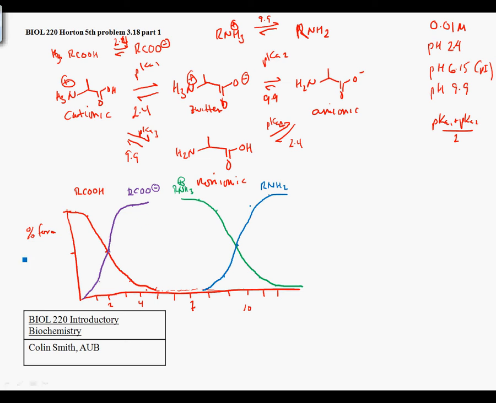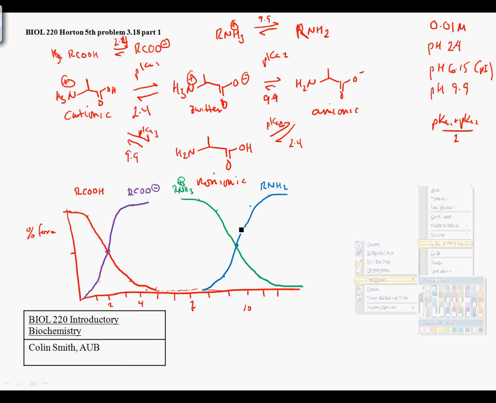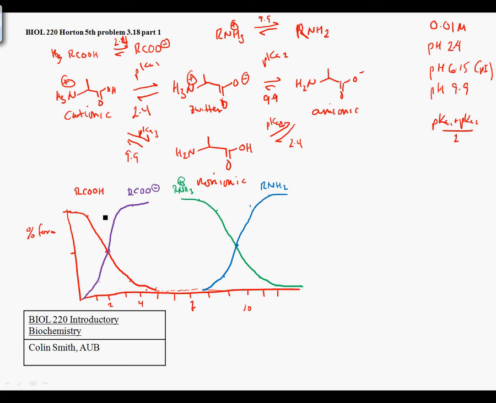So at very low pHs, I'm going to go to a neutral color now, such as black. So what we expect here, this is pK1 of interest, the pI is of interest about there, and pK2 of interest there. These are the three pHs we're interested in: 2.4, 6.15, and 9.9. And the question is, what's the concentration of these different species?